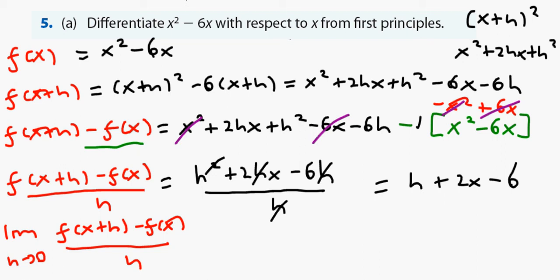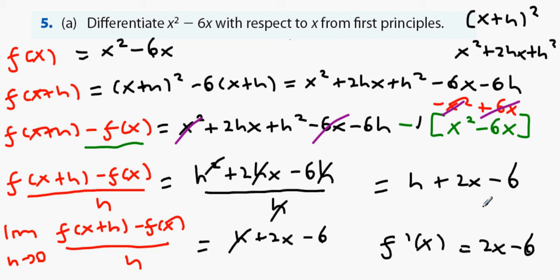Now the limit as h approaches 0, so turn all h's into 0. So it's h plus 2x minus 6, and this h turns into 0, leaving f dash of x equals 2x minus 6. Okay, nice and easy.